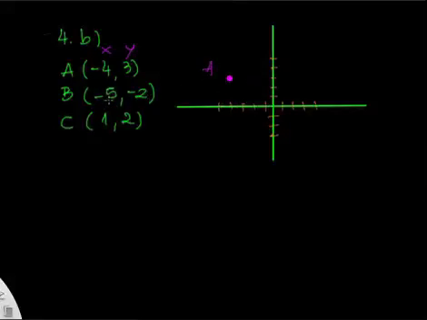Now my point B is negative 5 and negative 2. So this was negative 4, so negative 5 and negative 2 is here. That's my second point. Now I need to graph the third, and the third point is 1 for x and 2 for y. So 1 and 2. Okay?